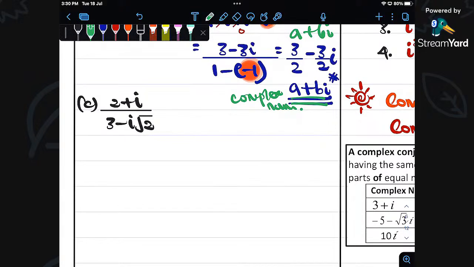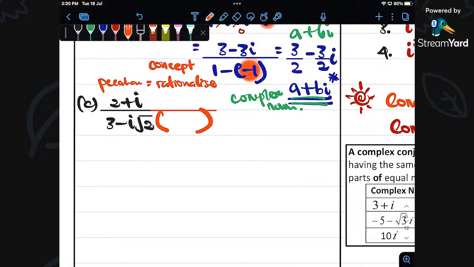So now I want you to try for yourself question C. Can you tell me what's the conjugate? Setiap kali kita nampak pecahan, kita mesti buat apa? Teknik rationalize.